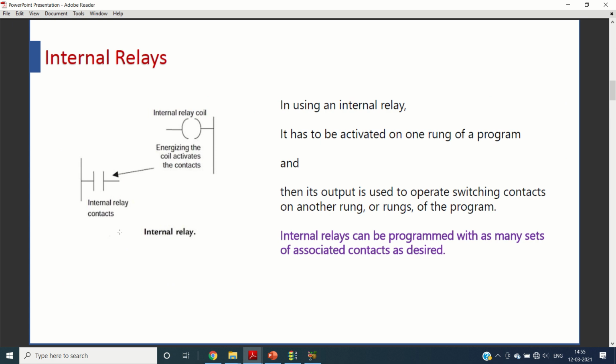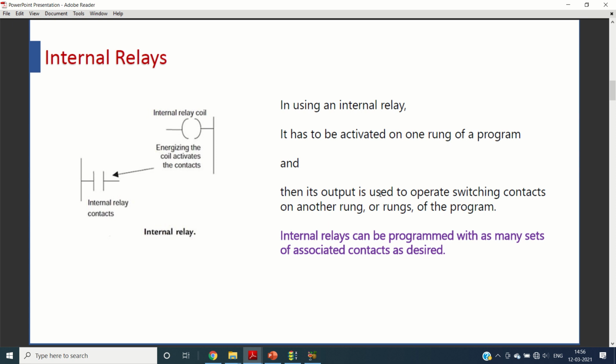As I have told, they are exactly the same as external relay contacts. But while you use an internal relay, it has to be activated on one rung of a program. So you can see here, this may be the first rung where that internal relay coil is, and the NO contact of this coil is present in another rung.